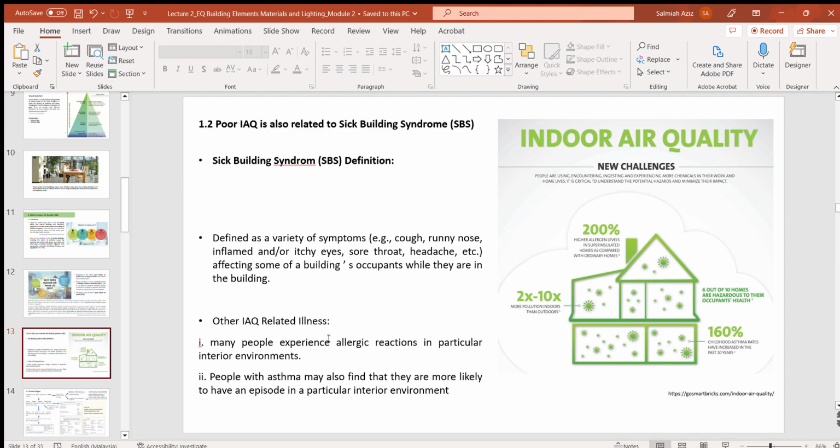Other IEQ-related illnesses include allergic reactions in particular interior environments, and people with asthma may also be more likely to have an episode in a particular interior environment. So we should often check the level of IEQ in our building and our house.